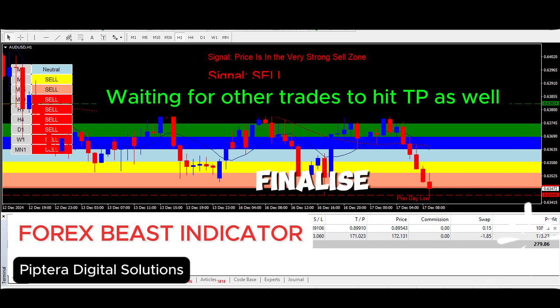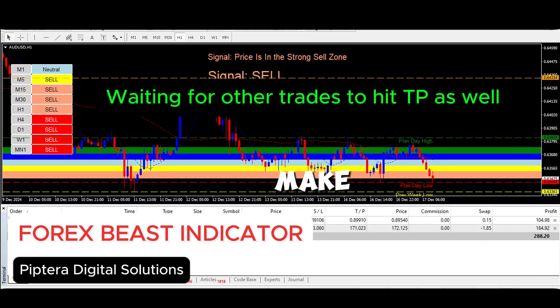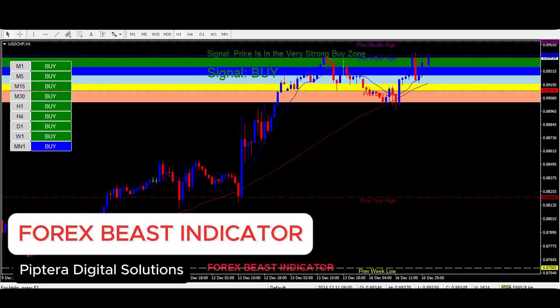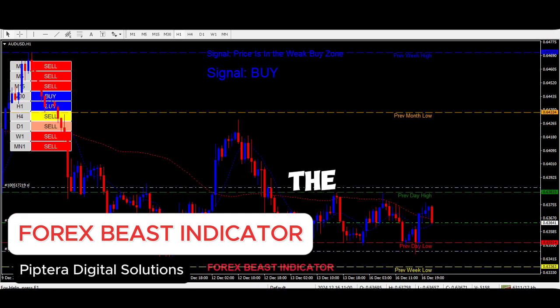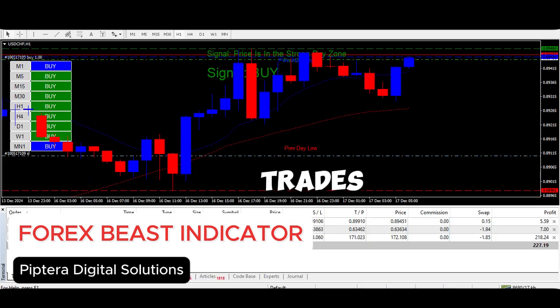So, as I finalize this demonstration, let us make a quick recap of the above trading strategy with this indicator. Here are the key factors you must check before you take any trade. Make sure you have mastered the tool and its associated trading strategy. For sell trades, make sure the overall price momentum is downward.